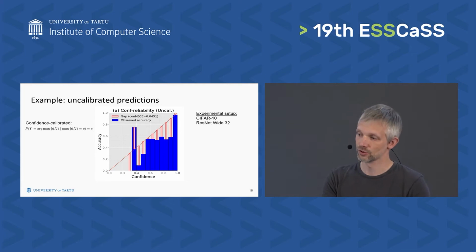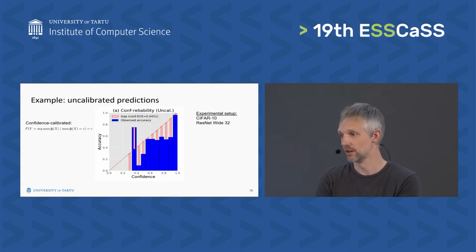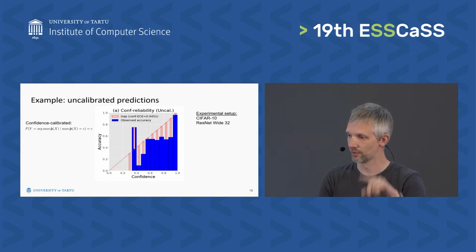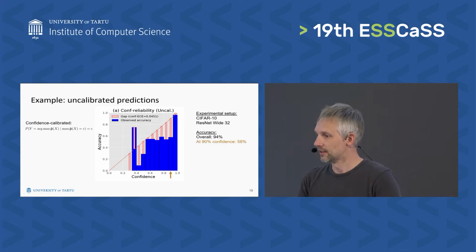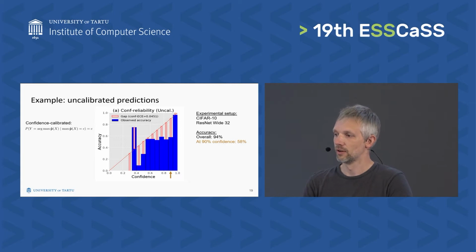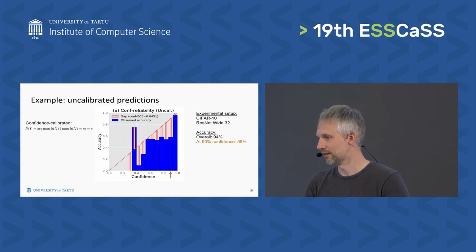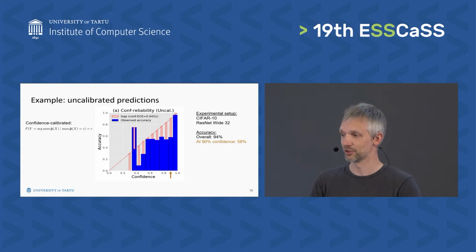But this plot can also be a bit noisy because it doesn't show how many instances actually fall into each of those ranges. Some ranges might have just a very few instances, and then the blue bar is also of very noisy height. And as I said, at 94% overall accuracy, if we look at one confidence level, 90% and around it, then it's only 58% accurate.